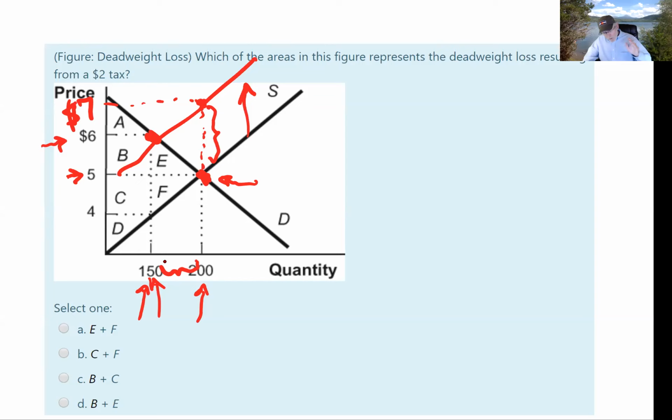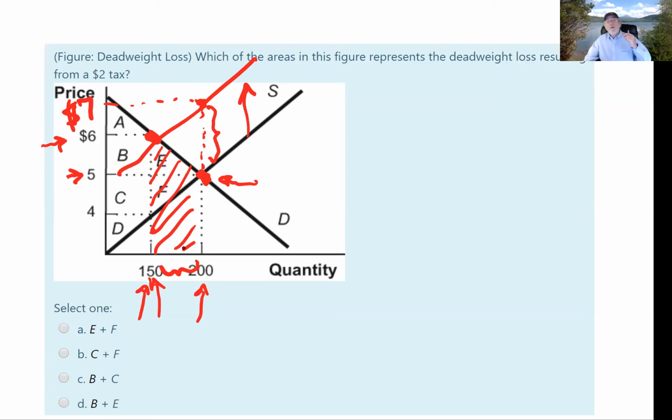Okay, so what would the consumer surplus and producer surplus have been on those units? Well, remember, the gains from trade, it's always going to be the area below the demand curve. Okay, so we're looking at these last 50 units. So the value to consumers of those last 50 units would be the area under the demand curve.